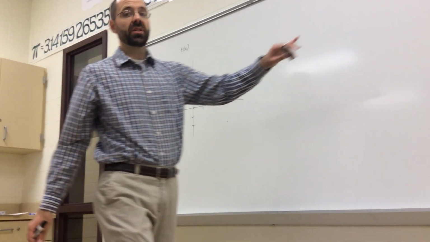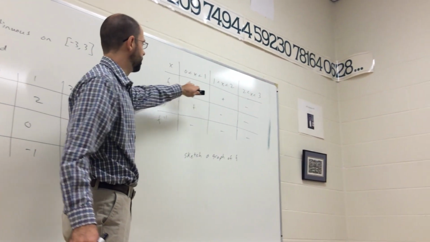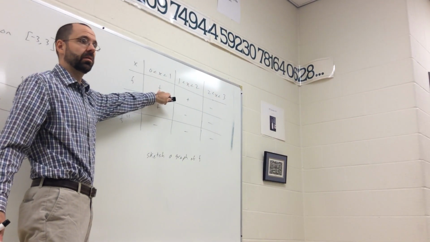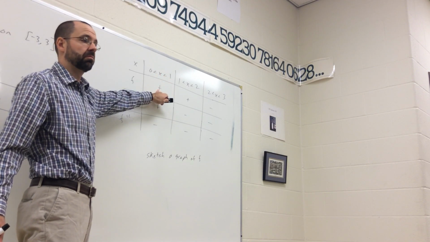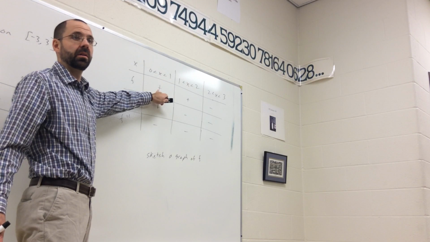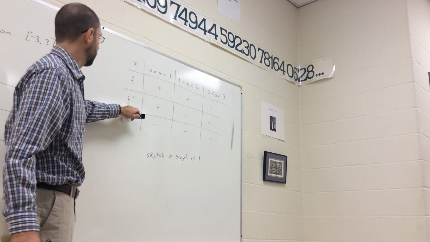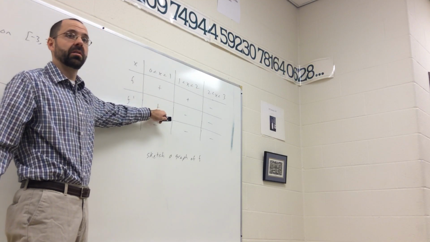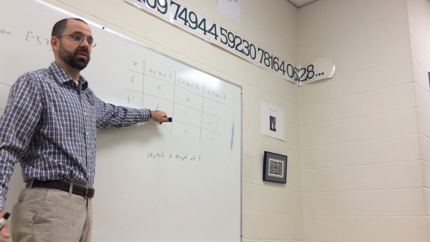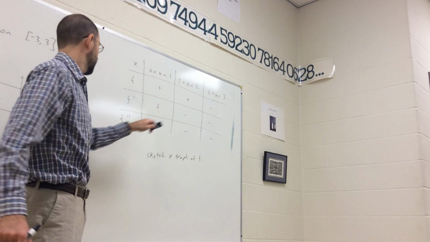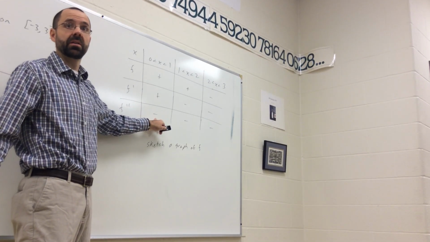All right, now I'm going to turn to this information here. What does it mean if f is positive from 0 to 1? It means it's above the x-axis. Okay, what does it mean if f prime is positive from 0 to 1? The graph of f is increasing. The slope is positive, so the graph's going up. And then what does it mean if f double prime is negative from 0 to 1?